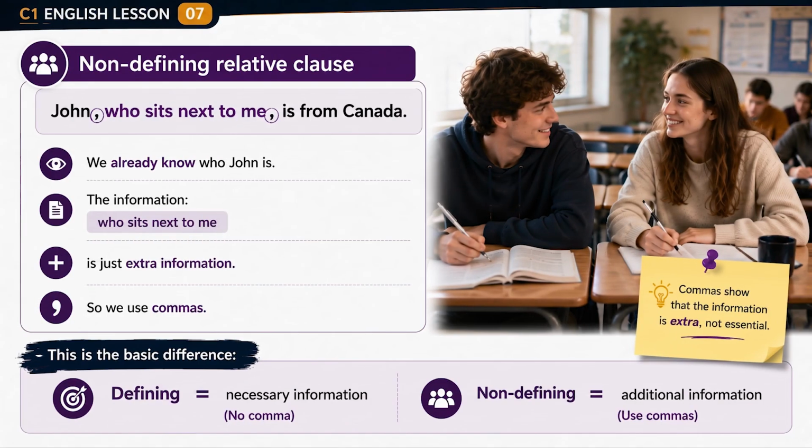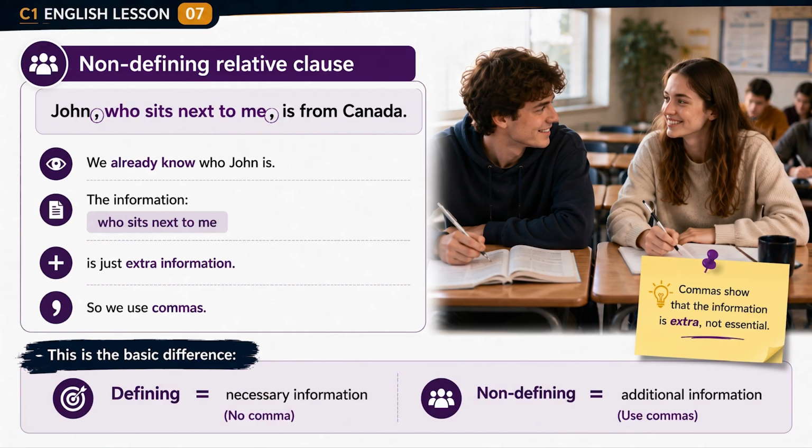However, in non-defining relative clause, you can say, "John, who sits next to me, is from Canada." You're naming the person. You and your listener know who you're talking about. We already know who John is. That's the point.